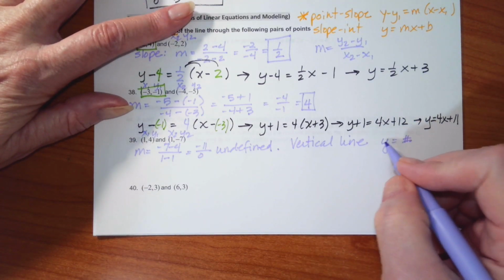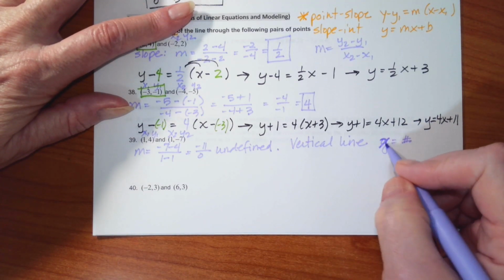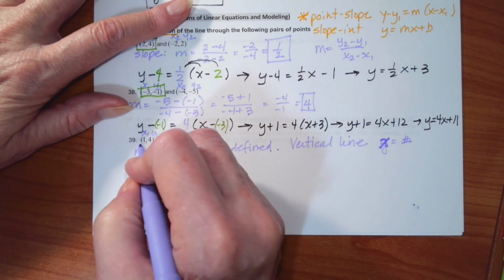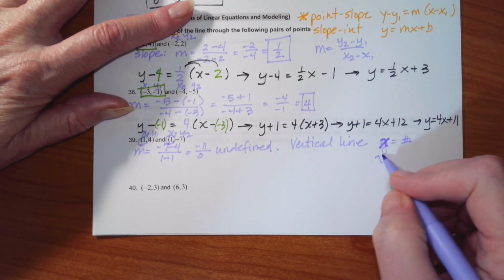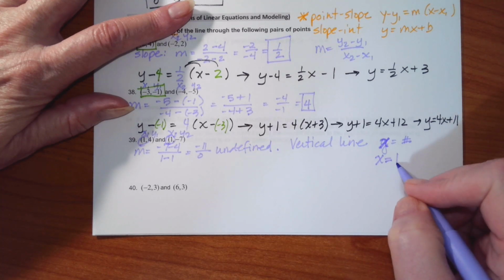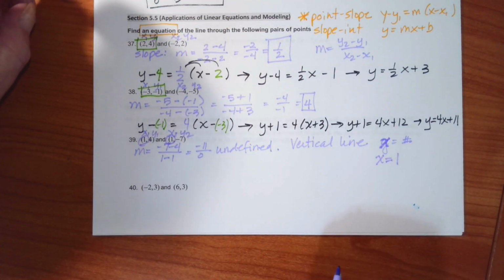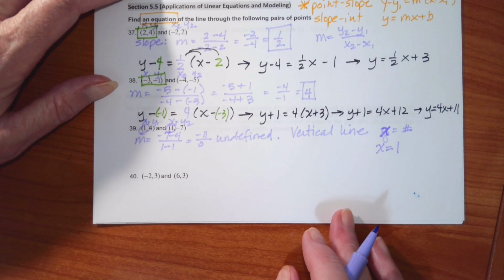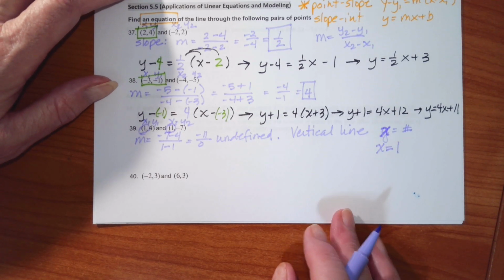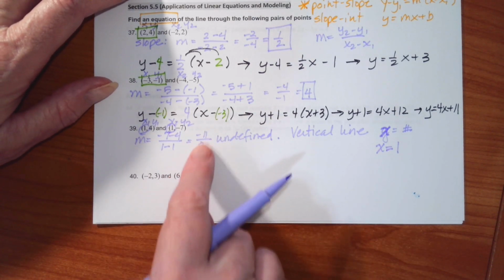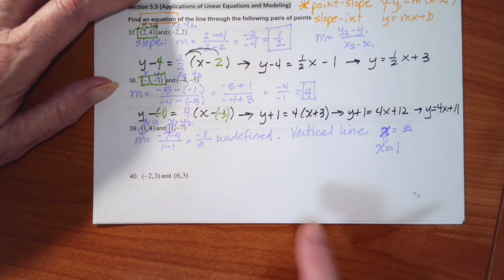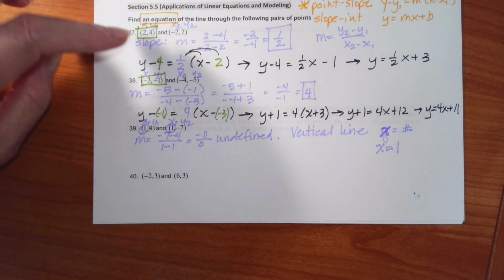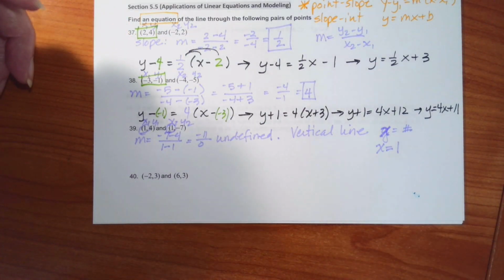I'm sorry, x equals some number, excuse me. So my x is equal to 1, so the equation is x equals 1. And remember, if it's a horizontal line, the slope is 0. The y values would be the same, and it would be y equals whatever that value is.